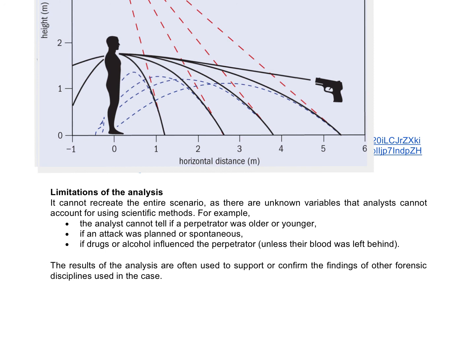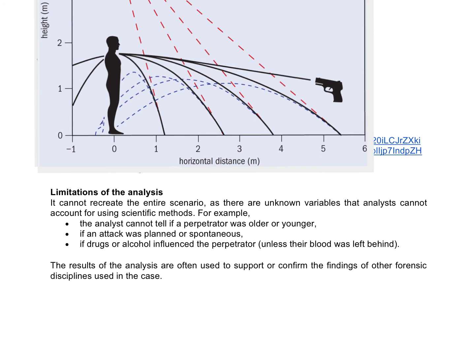For example, whether the perpetrator is old or young, whether the attack is planned or spontaneous, acting on impulse, or they planned to kill in the first place, or is it under the influence of drugs or alcohol, unless the blood contains the drug left behind, then they can test for it.